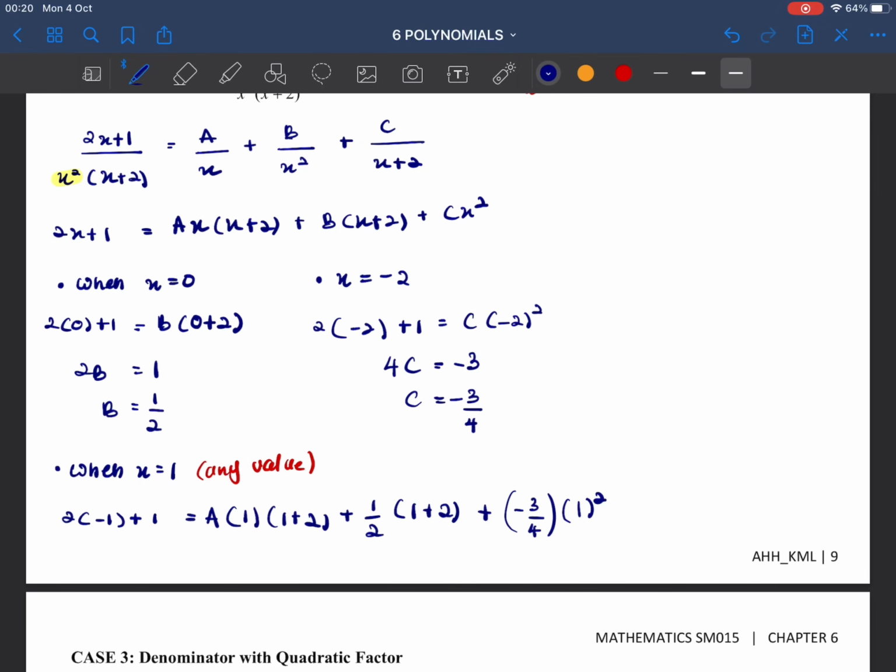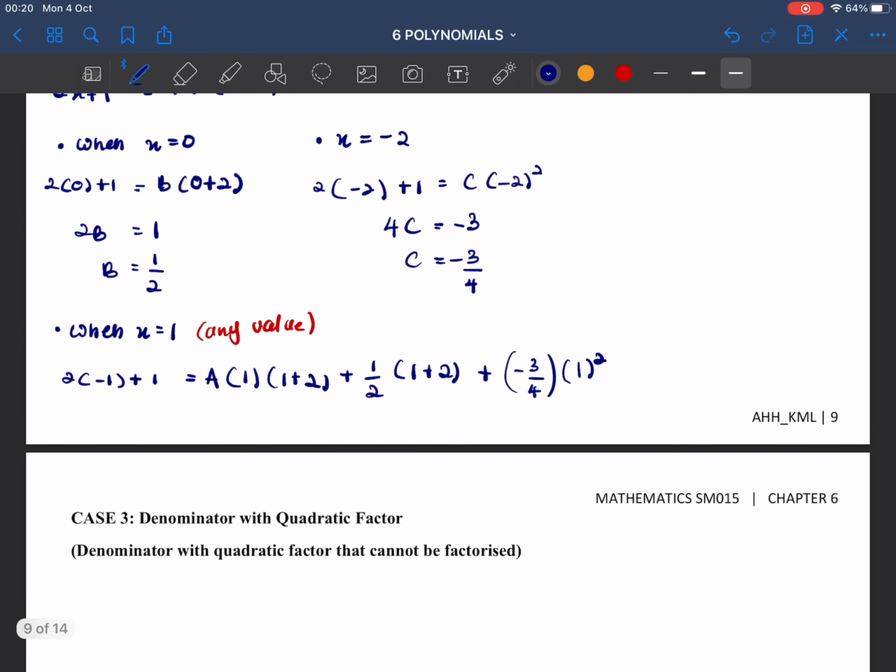So 1 squared there. And okay, you can calculate the value of a. And there is a typo at the front. Later I will erase it. Okay, so 2 times 1 plus 1. Okay, so we have our value of a. While I calculate, you press the calculator. We have a is equals to 3 over 4.